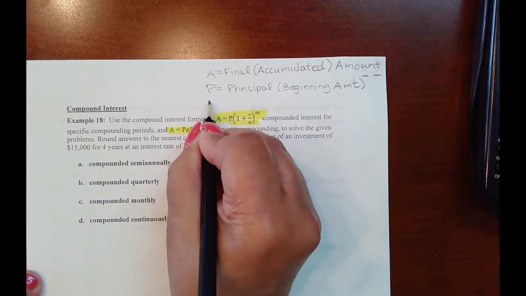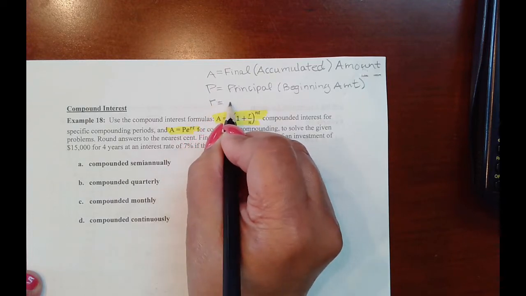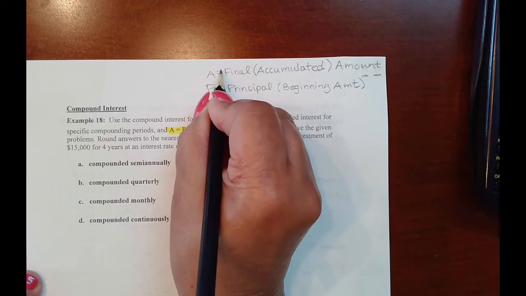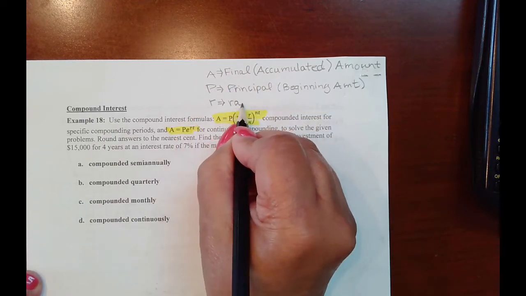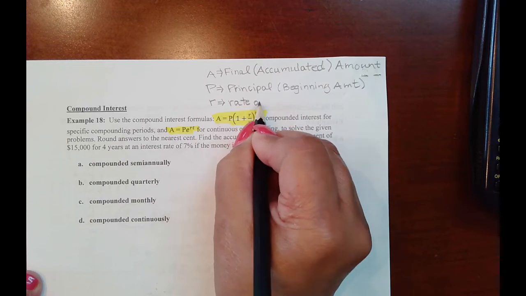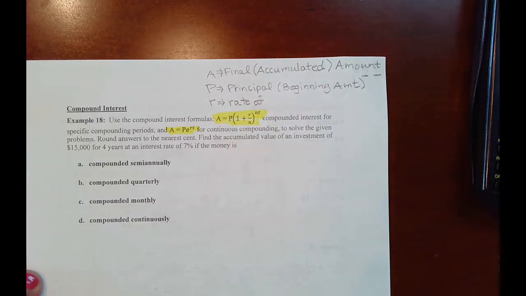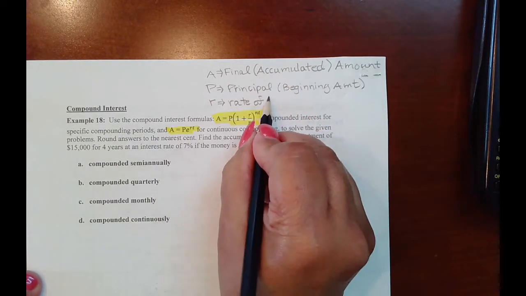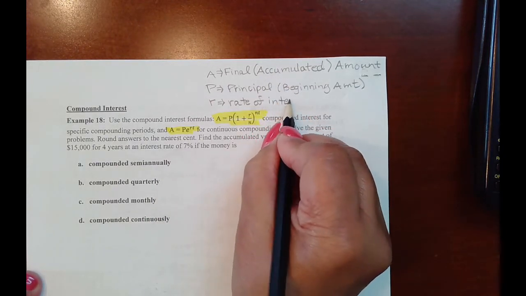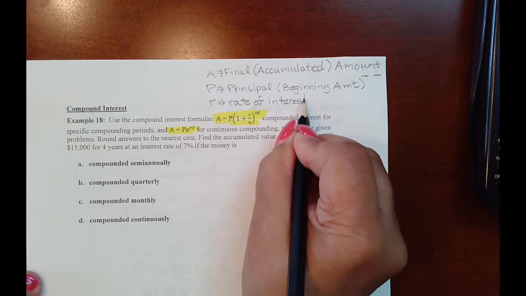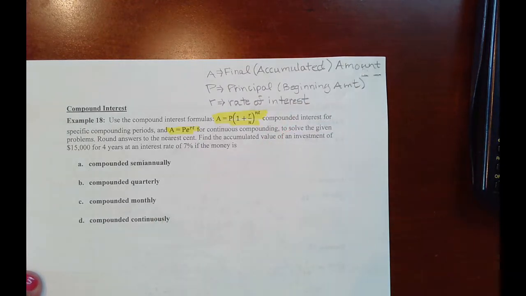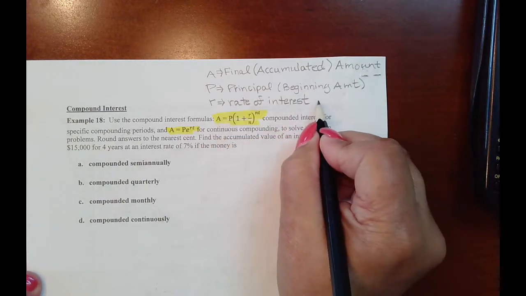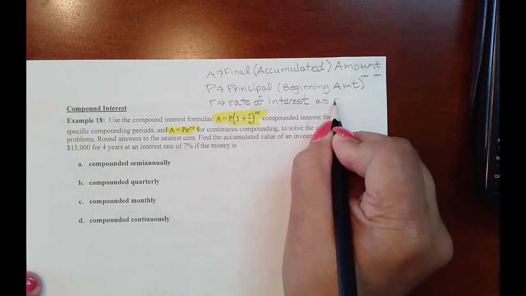Okay, the R that you see there is the rate of interest. Your rate of interest is whatever the bank happens to be paying you, in this particular problem, 7%. That rate of interest must be used as a decimal, as is the case when you're using any kind of rate in any kind of algebraic problem.